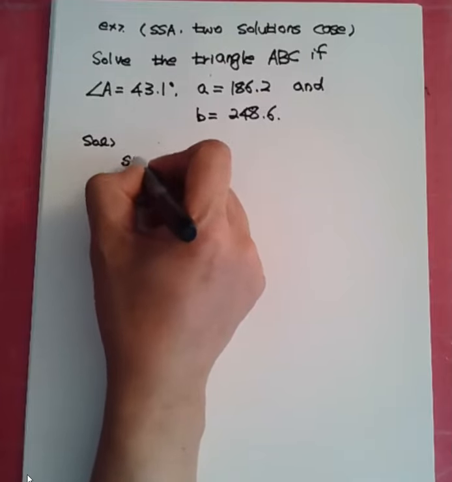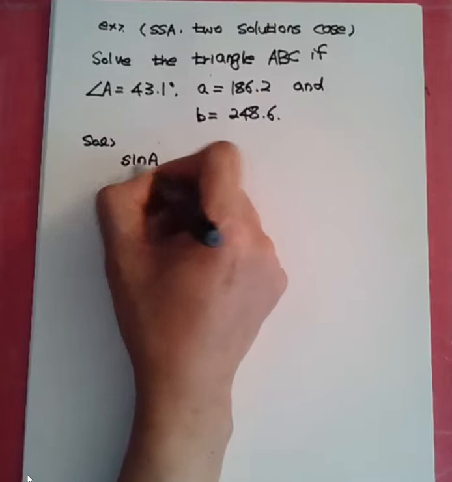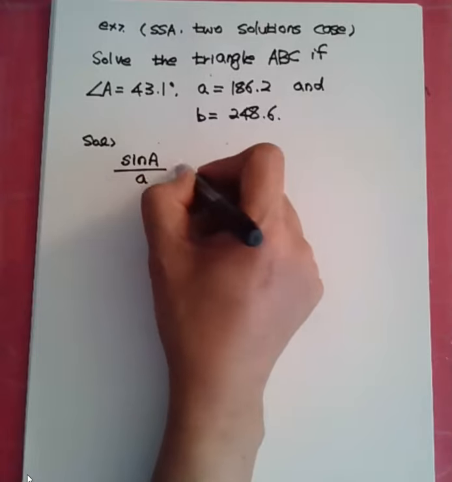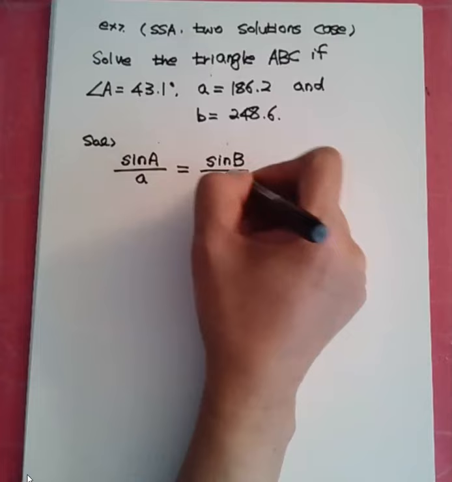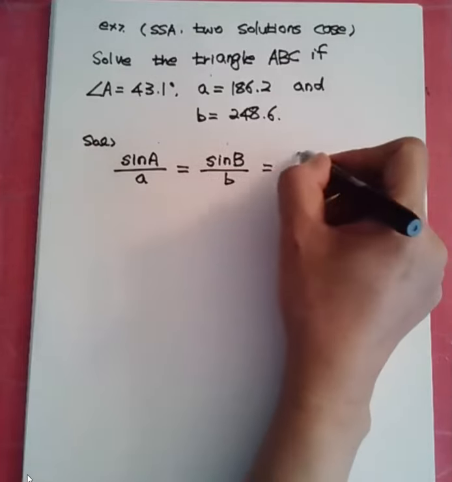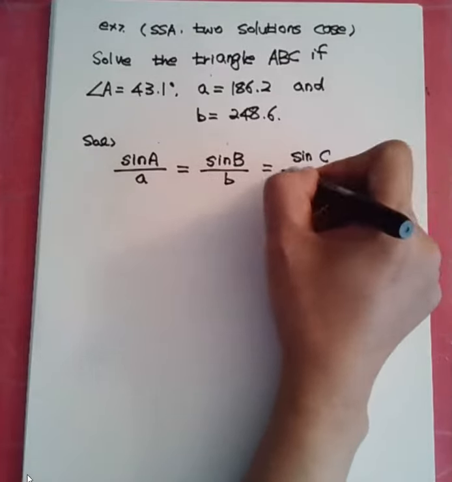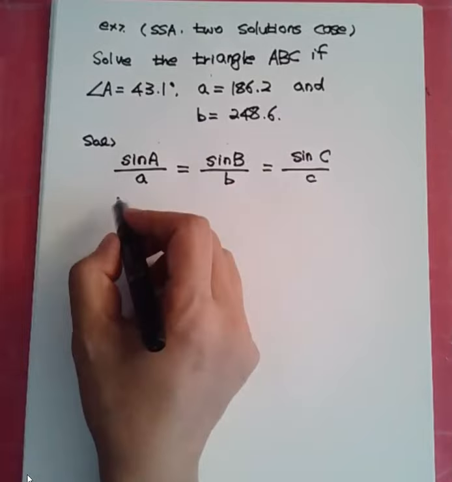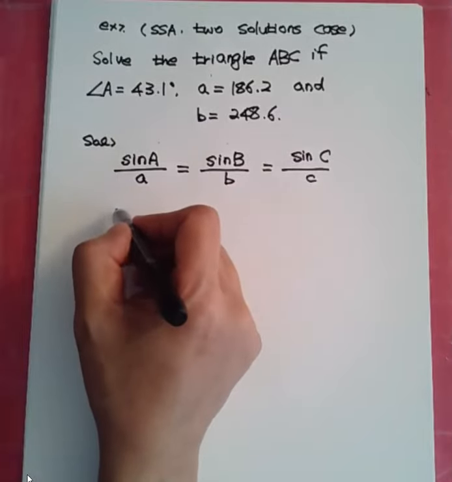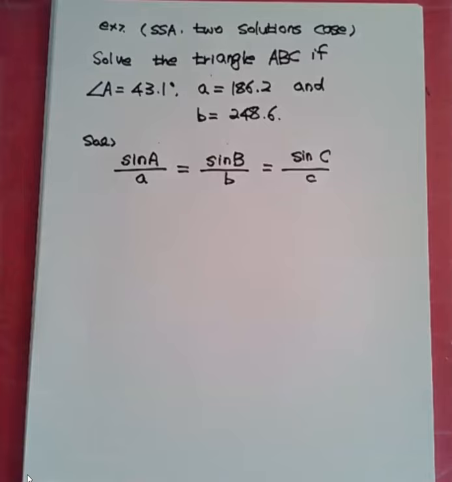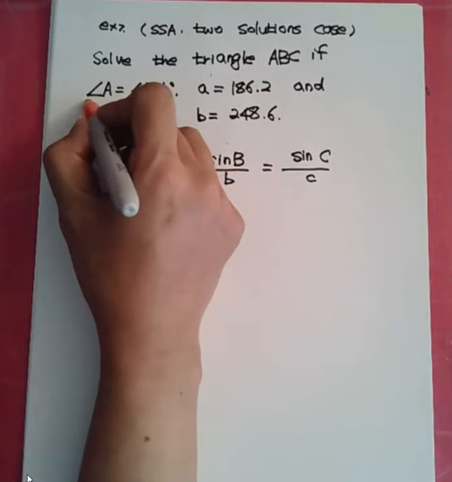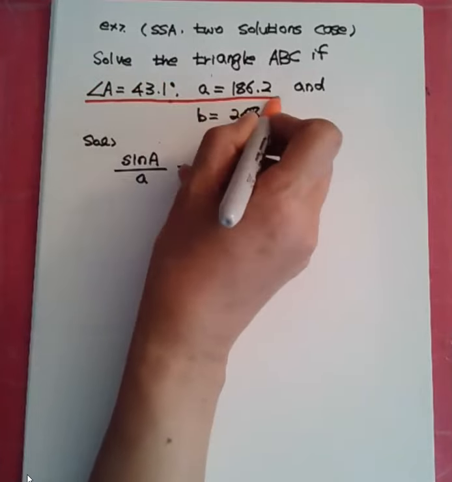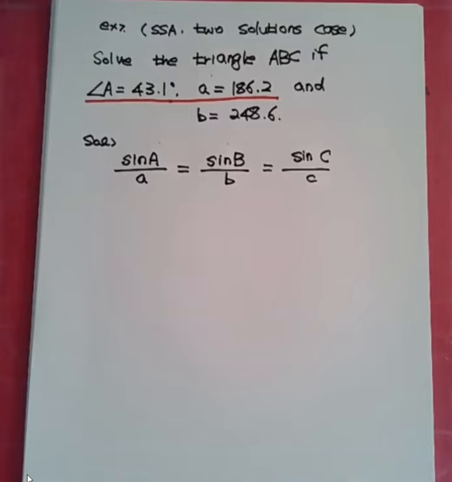Let me write the law of sines first. Sine of A over a equals sine of B over b. That equals sine of C over c. Here, the first thing you have to observe is this angle and side pair are given.